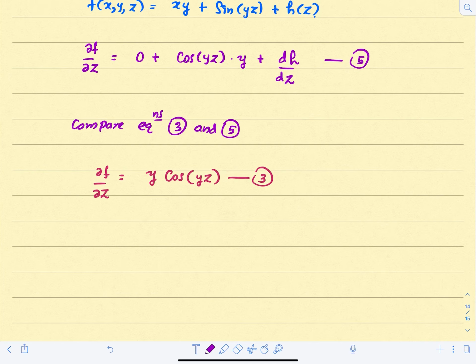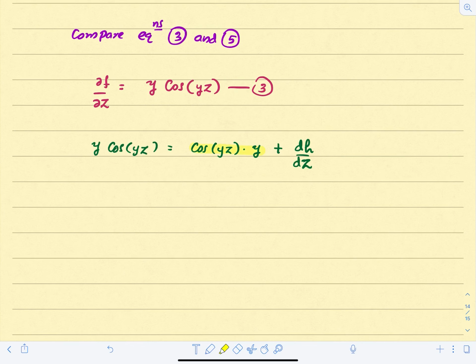So we have y cosine of yz equals cosine of yz times y, which is the term on the left hand side, plus dh over dz.